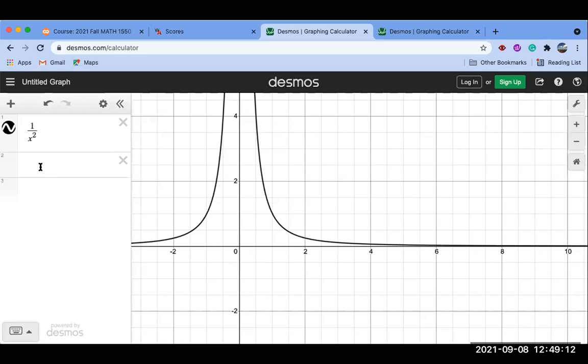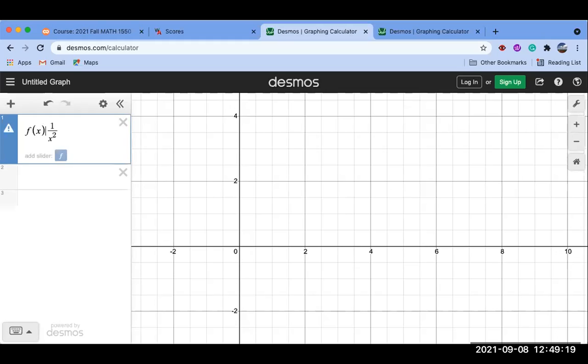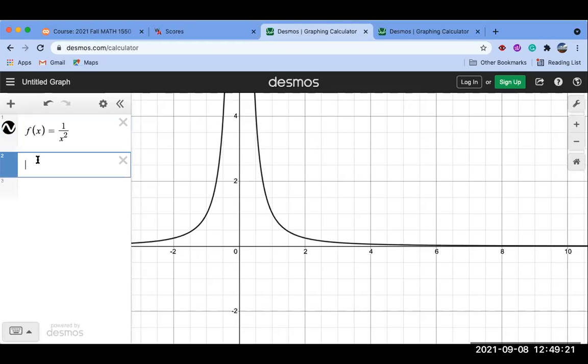Suppose x is 0.1, then what is f of x? 100, right? Okay. How about when x is 0.01? It will be 10,000.